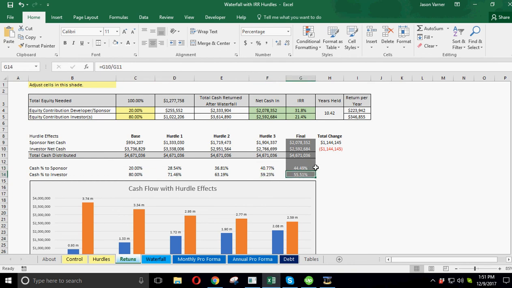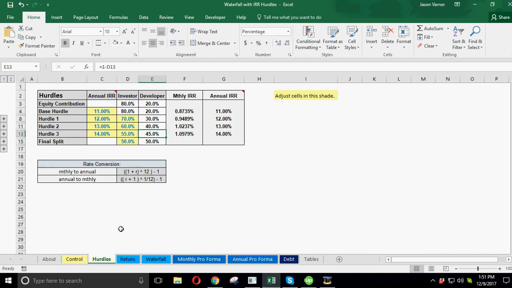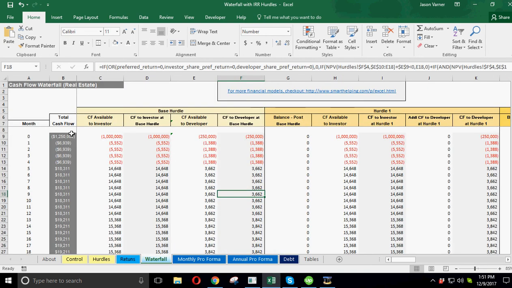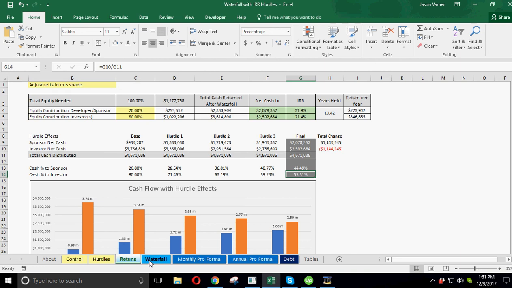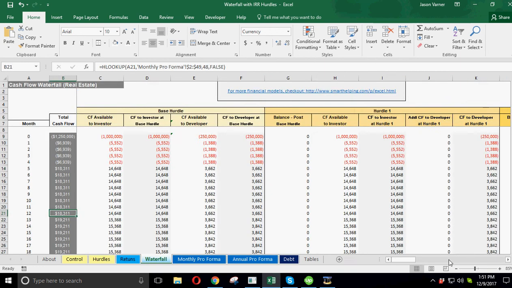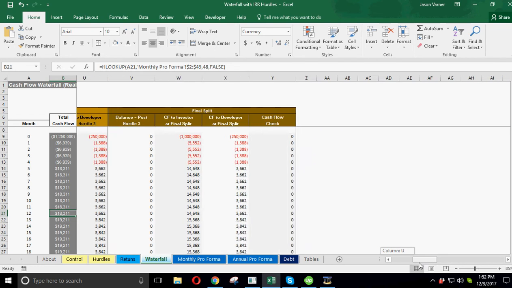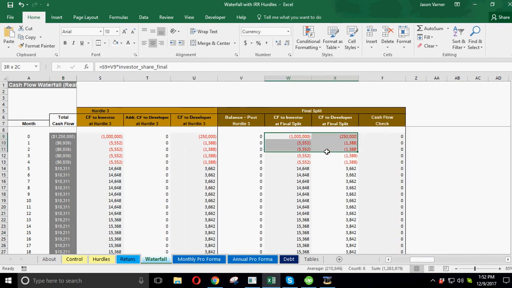But they're saying, well, I'm willing to do that if we meet a certain IRR over time. Now what you can do is take this waterfall, and here are your cash flows if you want to do actuals, and just put in what actually went out and what actually came in, and the final is going to update based on that. So you can see the final is actually the same as the first, before anything gets split.